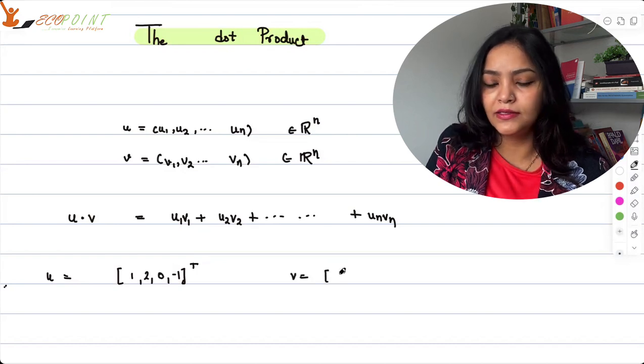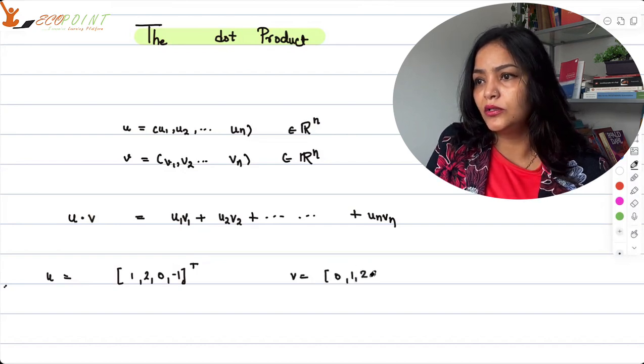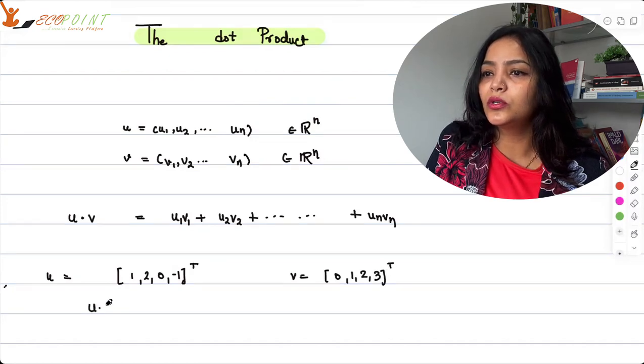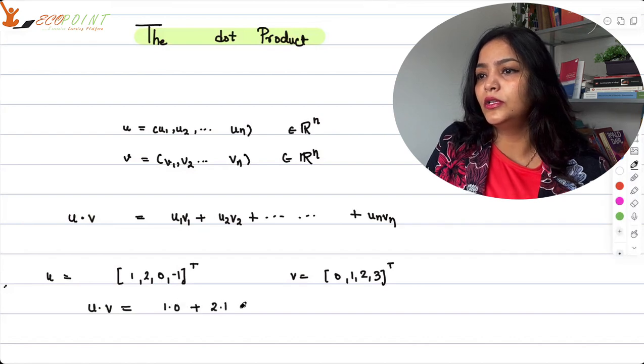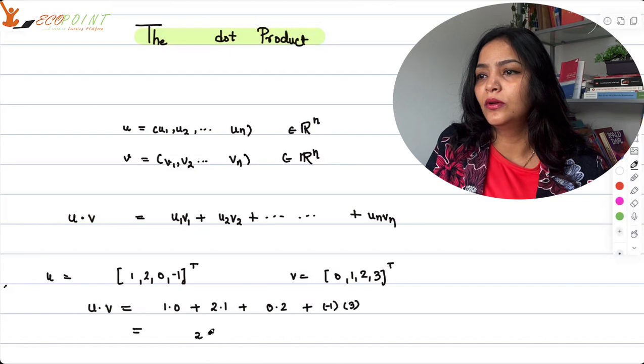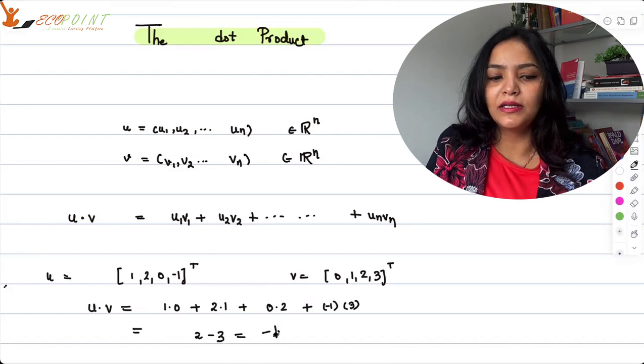And v as 0, 1, 2, 3 transpose. So u dot v would turn out to be 1 into 0 plus 2 into 1 plus 0 into 2 plus minus 1 into 3. And that gives you 2 minus 3, that is minus 1.